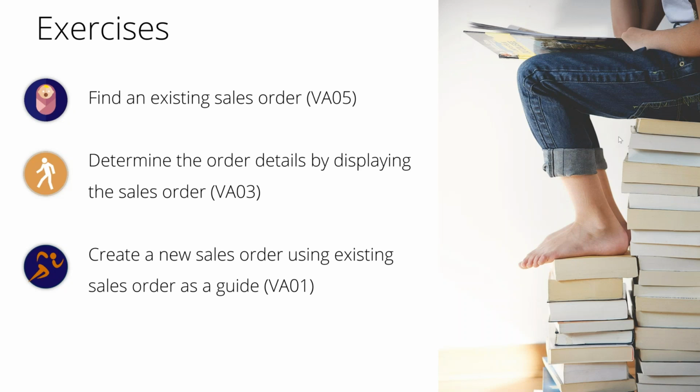If you are trying to replicate creating and shipping a sales order, you can find an existing sales order by using the VA05 transaction. You can look at the customers on that, and you can either use those same customers to create your own order, or you can use the data in that existing order to replicate and try the creation of that master data on your own. So I think the answer to your question is a yes and no.